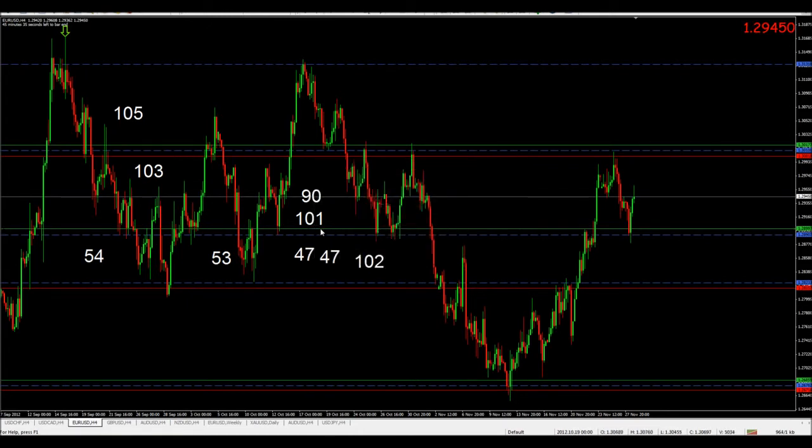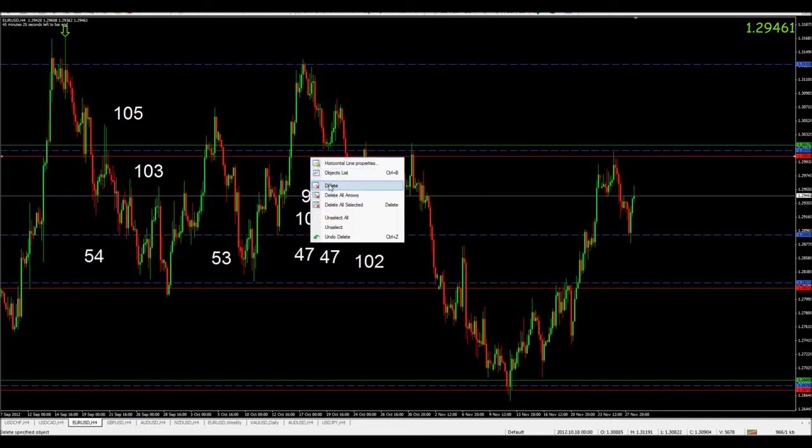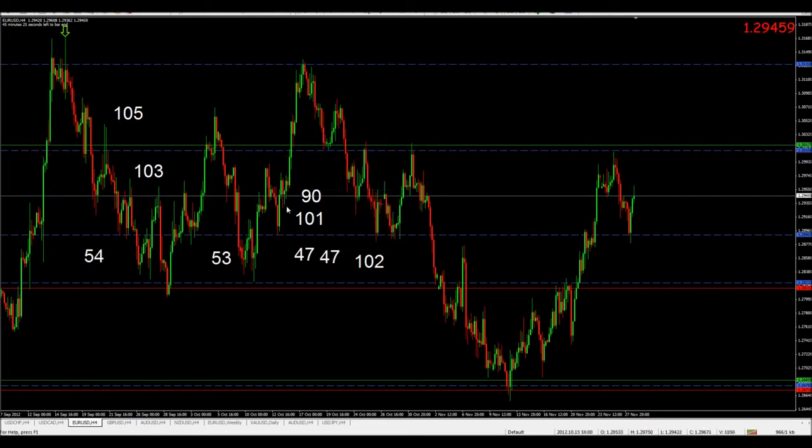So we'll get rid of this one now. Oh, we got rid of this one before. So we've got 102 pips back up to here. You can see I'm now broke above the sell position.